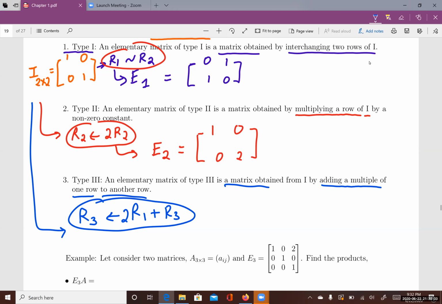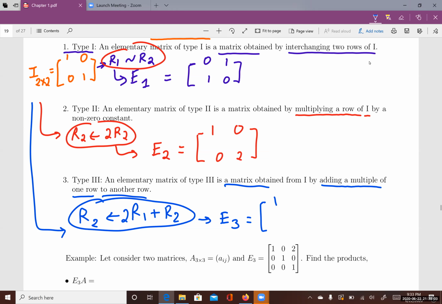Wait, I only have 2 rows, so it should be row 2. So the row operation is row 2 replaced by 2 row 1 plus row 2. Then I have an elementary matrix of type 3.